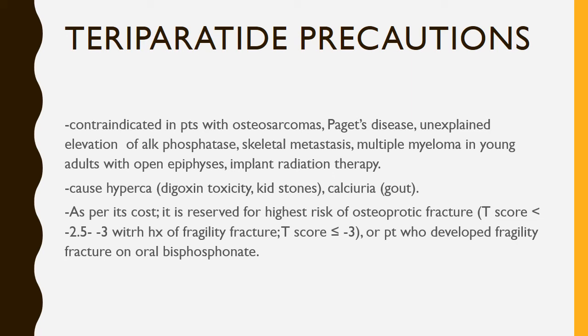I mean failure of the action of bisphosphonate. So the patient with failure of oral bisphosphonate or highest risk for osteoporotic fracture, which we defined as a T-score less than minus 2.5 with a history of fragility fracture, or T-score from the start less than or equal to minus 3 without history of fragility fracture.